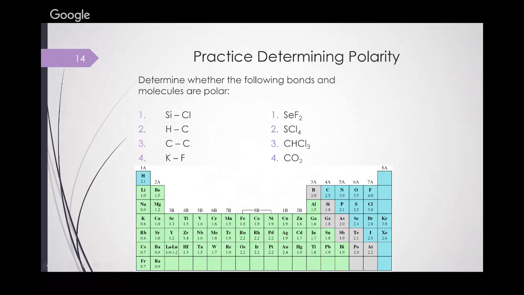Sulfur tetrachloride. So sulfur is my central atom. I draw out my Lewis structure. I see that sulfur has a lone pair of electrons and 4 bonded pairs of electrons, 4 bonds to each of those chlorine atoms. So then when I do my shape, I have 4 bonds, 1 lone pair. That gives me a total of 5, and then I end up with a T-shaped.